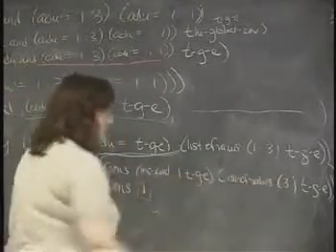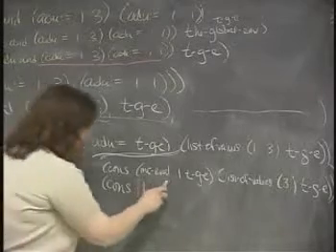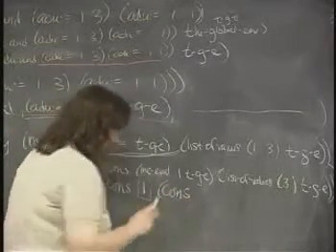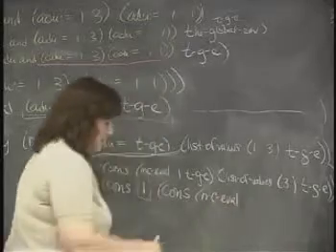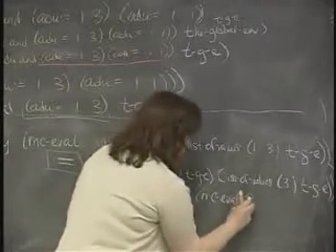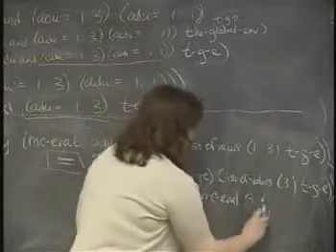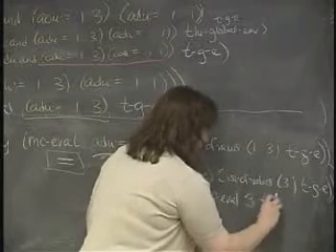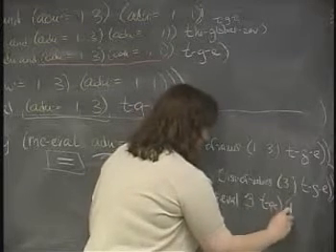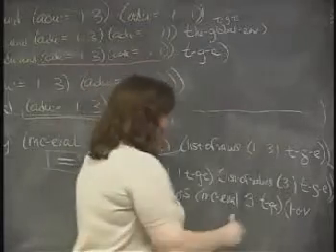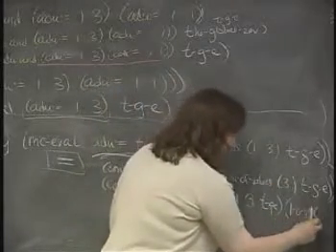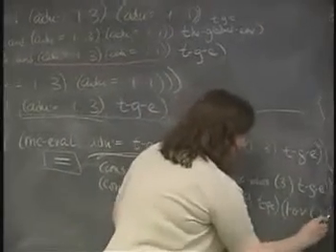Well, the list 3 is not null, so it's cons MC eval on the car 3 in the global environment. We cons that to a call to list of values with the result of the cdr, null, in the global environment.